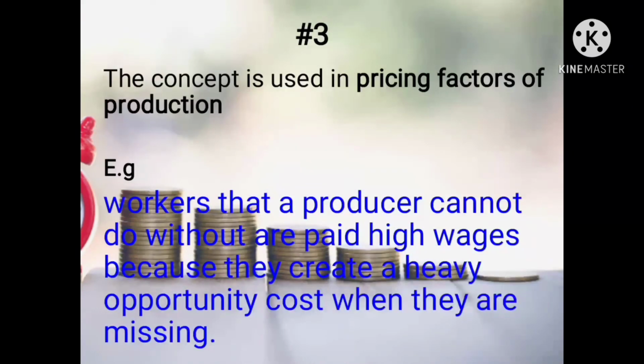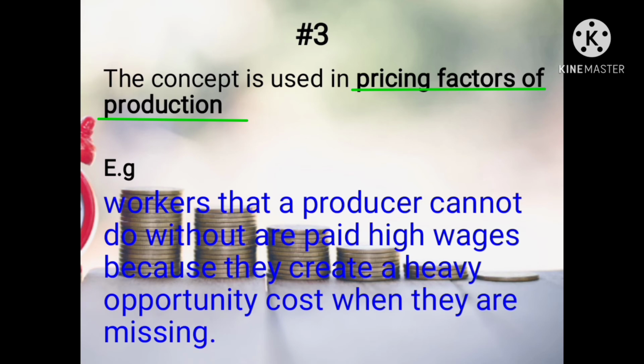Let's look at the other importance. The concept of opportunity cost is used in the pricing of factors of production. That is to say, determining payments to workers. The example here: workers that a producer cannot do without are paid higher wages because they create heavy opportunity cost when they are missing.